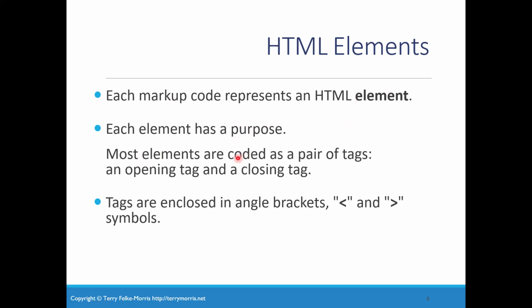Most elements in HTML are coded as a pair of tags, an opening tag and a closing tag, and the tags are enclosed in angle brackets, the less than and greater than symbols. Every element has an opening tag and a closing tag, and they are all enclosed within angle brackets. So take note of these symbols. You'll see them as we start looking at the elements.